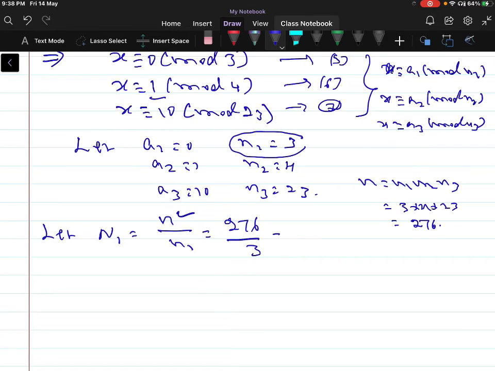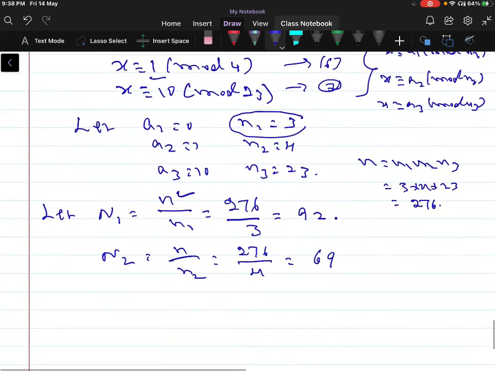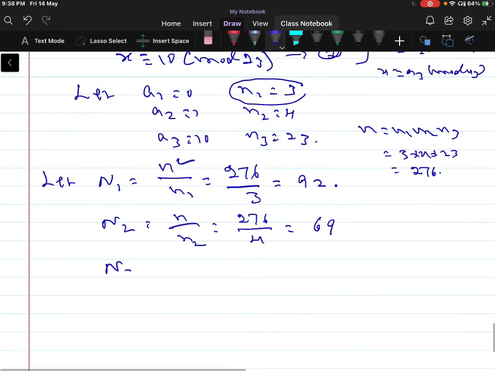So 276 by 3 is 92. N2 is equal to n by n2, where n is 276 and n2 is equal to 4. So this can be written as 69. N3 is equal to n by n3, where n is 276 by 23. So this can be written as 12.